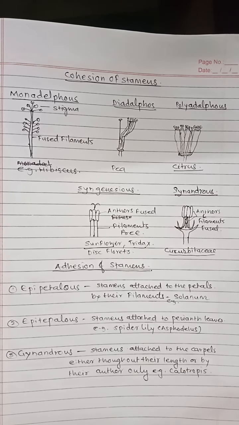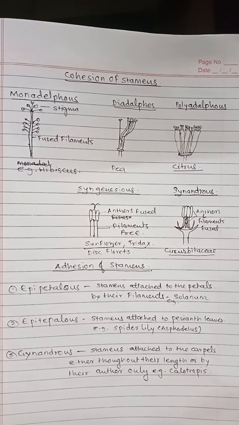In monoadelphous, all the stamens of a flower are united in one bundle by fusion of their filaments only, and the anthers are free. Monoadelphous means all the stamens are fused to form a single bundle by the fusion of their filaments only, and the anthers are free. Such monoadelphous condition is found in hibiscus.